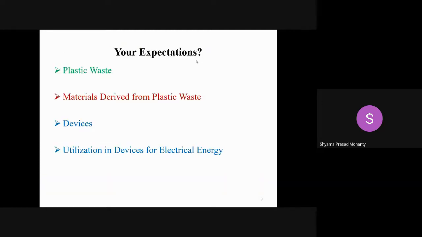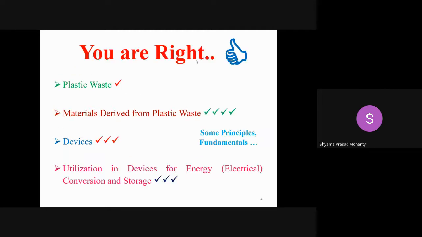So what you can expect during this talk: I will be discussing plastic waste, materials which can be derived from plastic waste, and the utilization of these materials in devices for electrical energy generation or storage. These are the outlines for today's presentation.